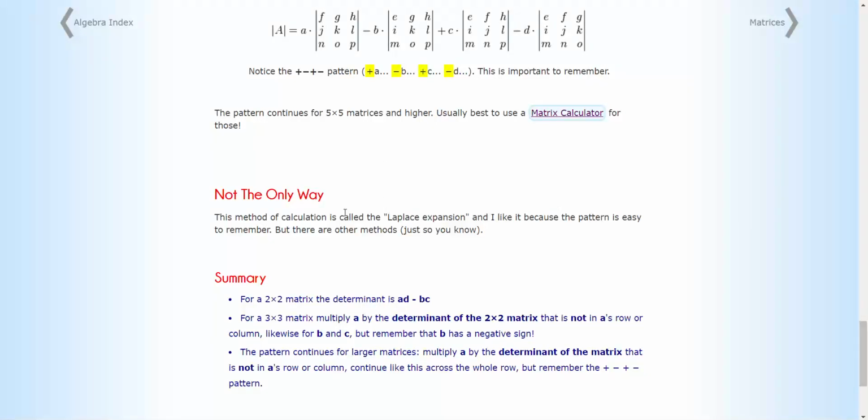So this method of calculation is called the Laplace expansion, and I like it because the pattern is easy to remember.